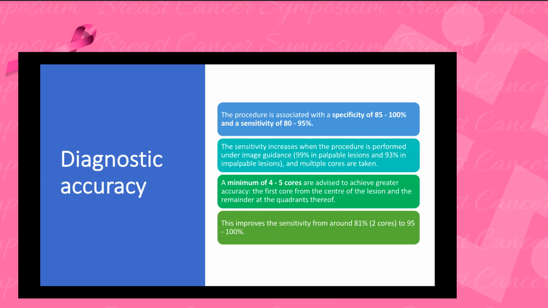We usually require a minimum of 4 to 5 cores. If you look at the sensitivity when you've got only 2 cores, we're looking at 81%, whereas it increases to 95 to 100% when we've got 4 to 5 core biopsies.